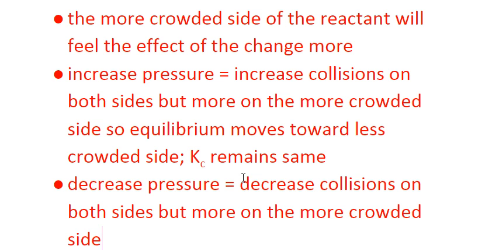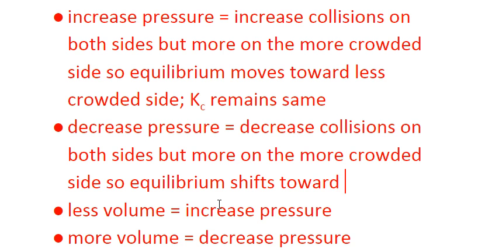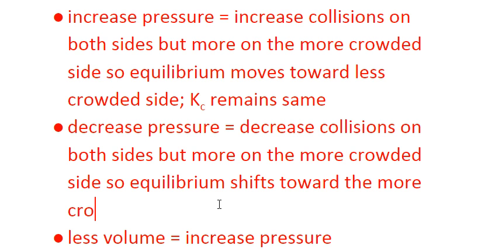So if I decrease collisions on both sides, but more on the more crowded side, that means now the other side has more collisions. So equilibrium shifts toward the more crowded side, because now suddenly I've had a bigger drop. It's like removing from that side.